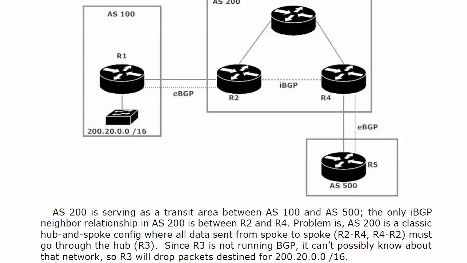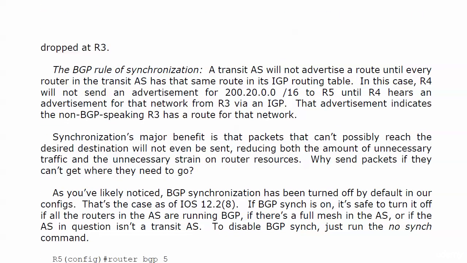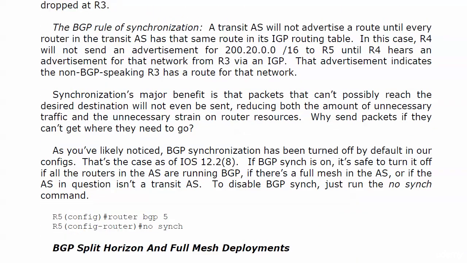So router 3 would just drop those packets. Without the synchronization rule, router 4 would advertise a path to 220.0.0.0 over its eBGP connection to router 5. And as you'd expect, packets sent by router 5 to that network are never, ever going to get there. And the BGP rule of synchronization, here it is.